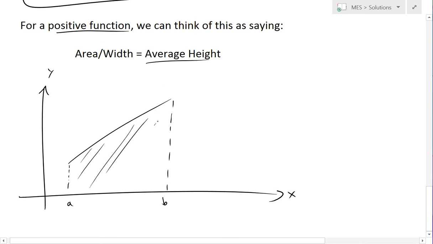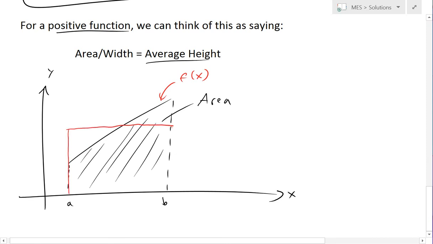So we know that this whole thing is going to be the area. And let's say this is our f of x right here. So the average height is going to be somewhere in between, like this. Let me draw it in red. So now we draw this down like that. This is our average height.